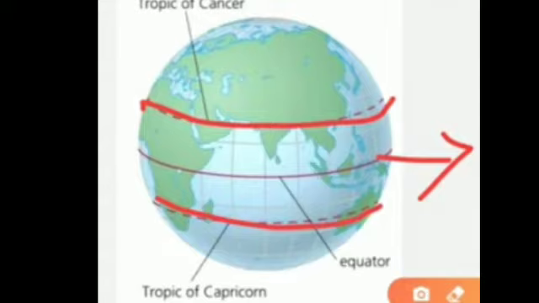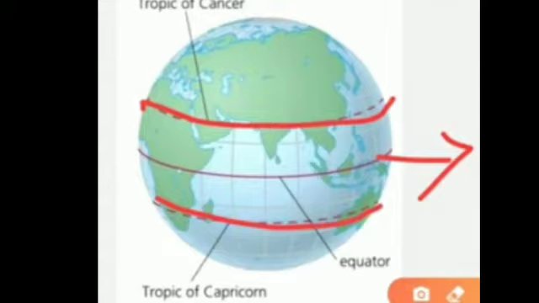And once it gets heated, what happens? It expands and moves upwards, towards the sky. So here the temperature becomes very high. Why? The sun rays fall in a straight direction in that particular region. Because of this, the temperature becomes very high in that region.